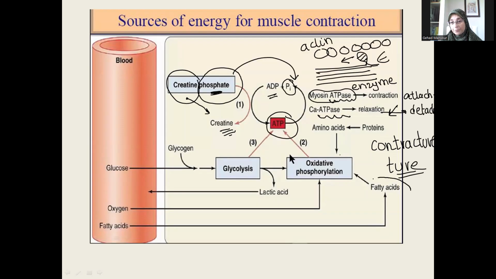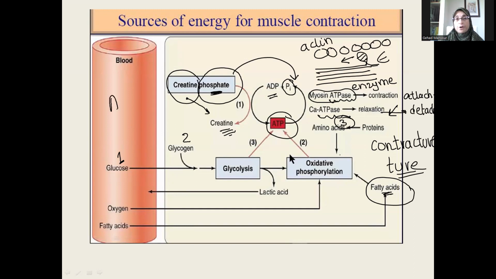Just like we have just said that fatty acids might be used in case of depletion of the muscles from glycogen stores, proteins are also used, and actually they are even used before fatty acids. So we can say that we first use glucose and then the glycogen stores and then the amino acids that are present in the cell. Where have these amino acids come from?